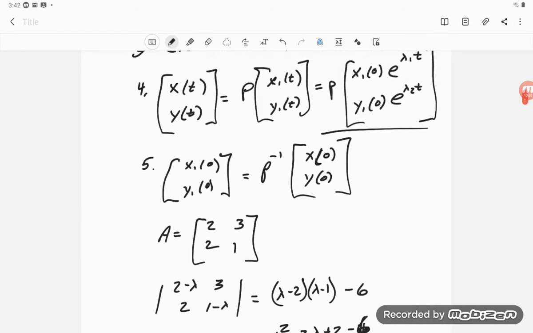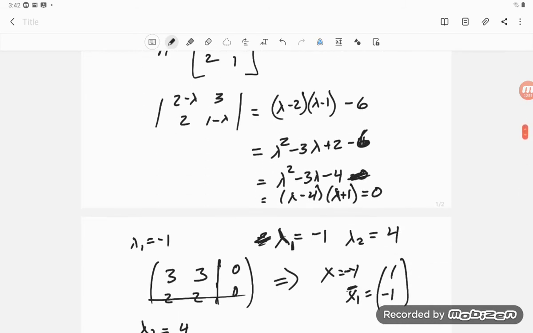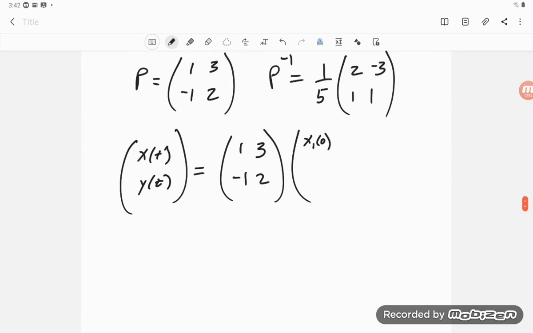Swapping 4 and 5 here, I could do that. Maybe I will. Maybe that'd be the thing to do. So I'm going to swap 4 and 5. So we'll come back to that. And we'll first figure out x1 of 0, y1 of 0.